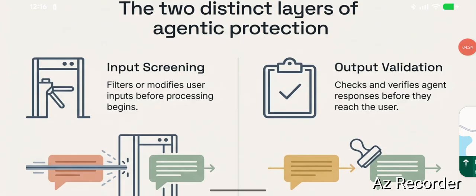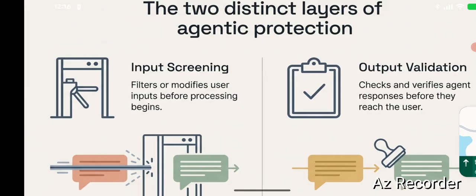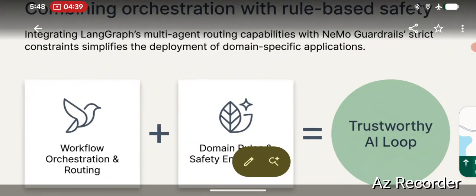So guardrails are done at the input screening, where it filters the questions coming in, and while giving the output, it checks and verifies the agent's response. Mostly synthesizers are the agents which collect data from the different agents and collate before sending it to the user.